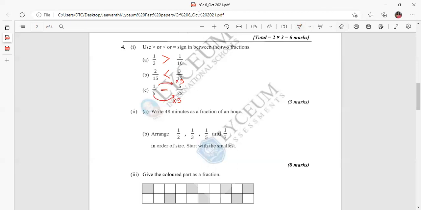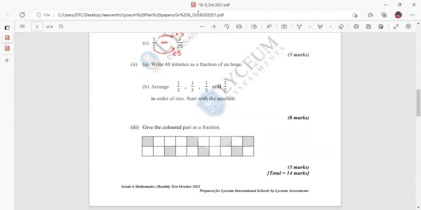So then we'll move to the same question, part 2. Write 48 minutes as a fraction of an hour. So an hour, how many minutes do you have, children? 60 minutes, right?